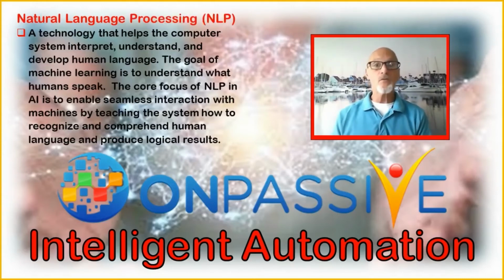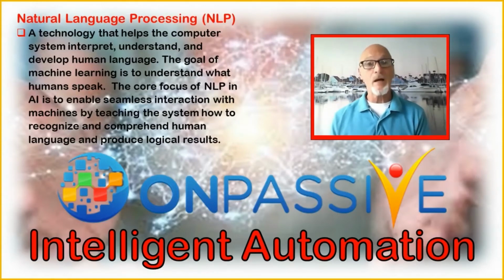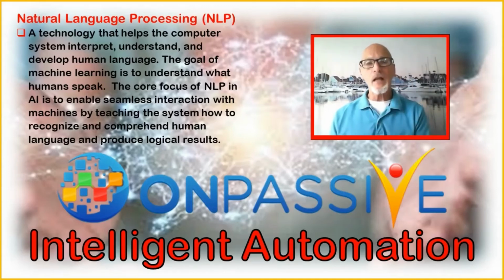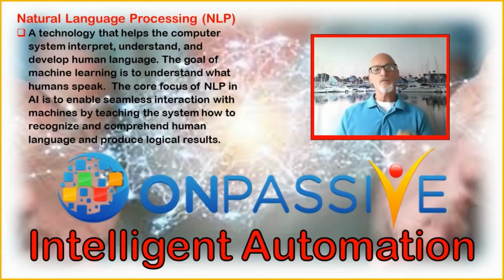There's also natural language processing. We've heard a lot about that, being able to talk to the computer. And this is a technology that helps the computer system interpret, understand, and develop human language. And it's not just a matter of speaking in ones and zeros, right? The goal of the machine is learning and seeking to understand what humans actually speak.